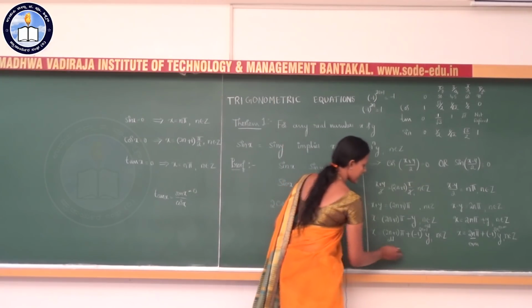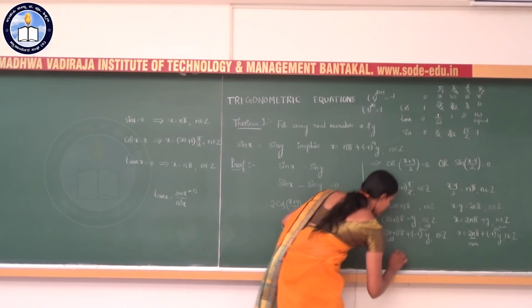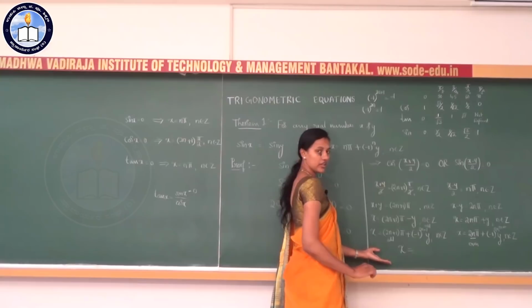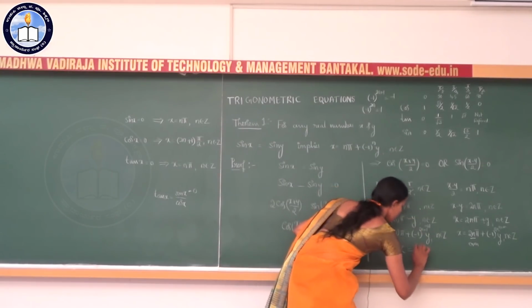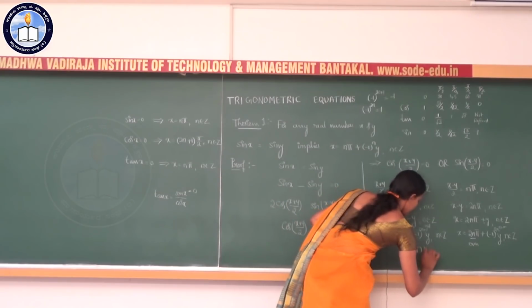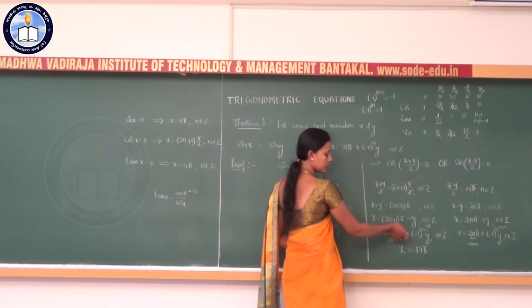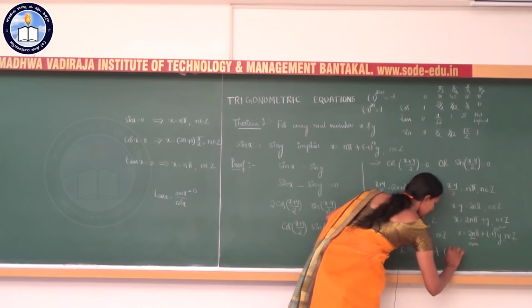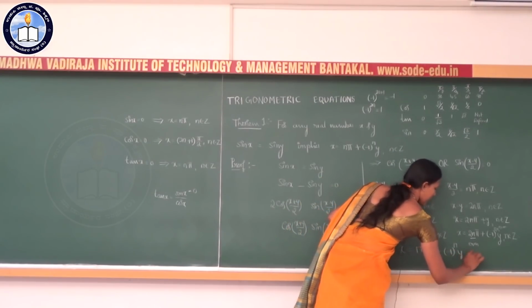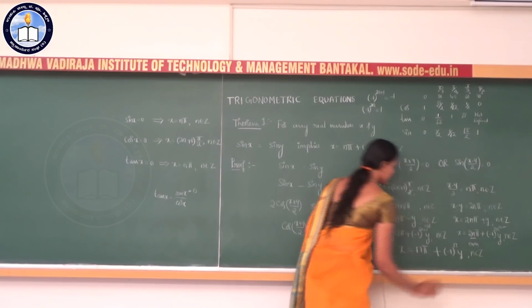So, I can combine these two expressions and write x is equal to, maybe odd or even, say an integer n, into pi plus minus 1 to the power of the number into y, where n is an integer.